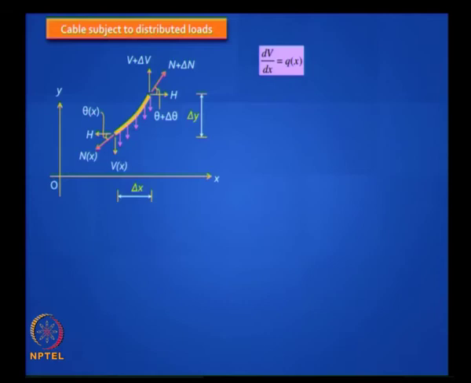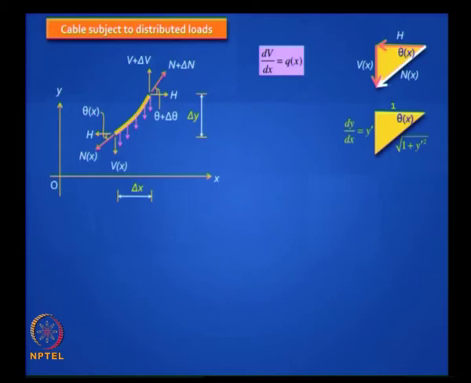So q here is the load intensity, and it is related to the shape of the cable. If you take the slope of the cable as y dash, then you have a direct relationship between theta and the cable forces. Tan theta is V by H. V can change depending on the location of x, but H is a constant if you have only gravity loads, and that is equal to dy by dx.